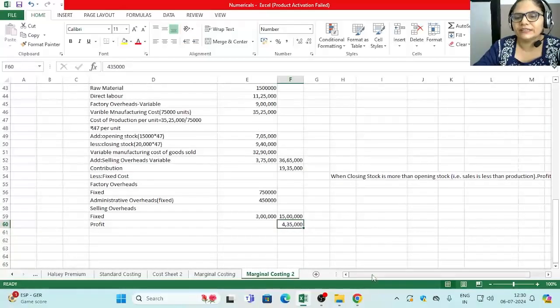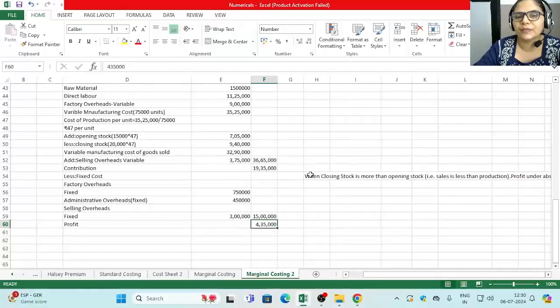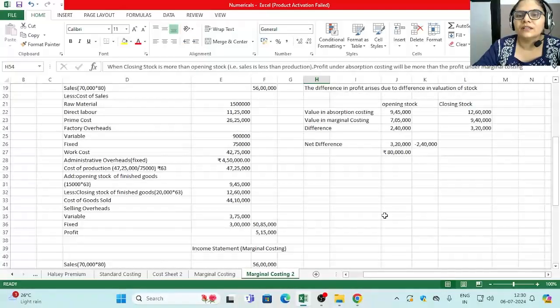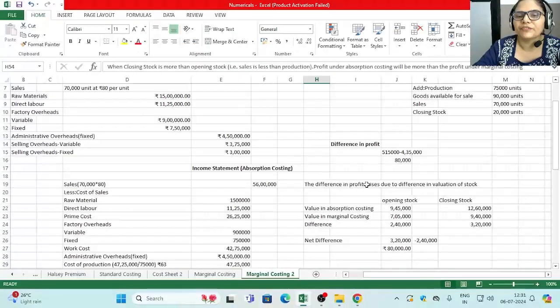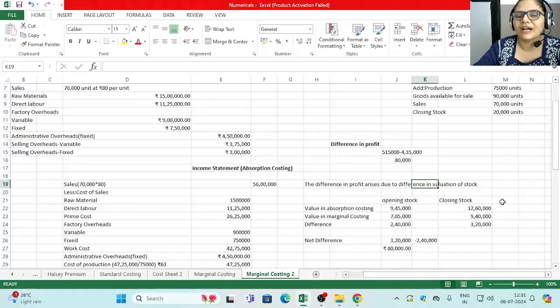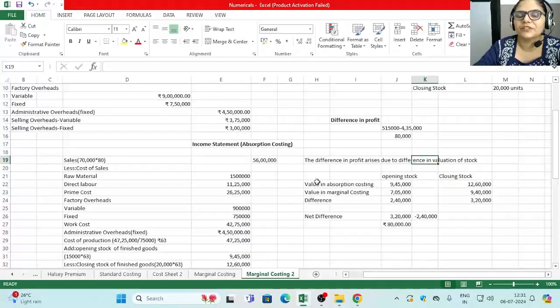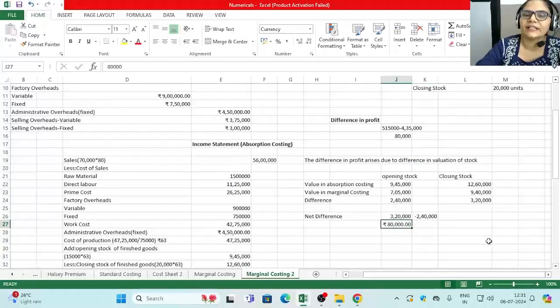So these are the certain points you should remember: difference in profit arises due to difference in valuation of stock, which I have shown you with the help of calculation. As you can see, net difference in the valuation of stock is 80,000.